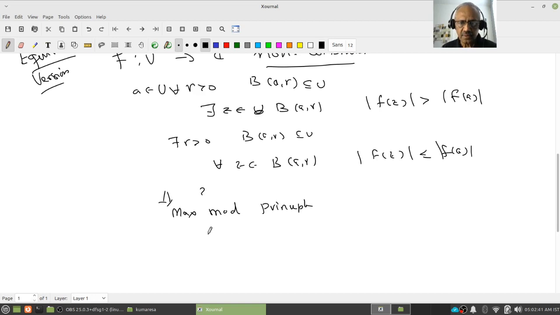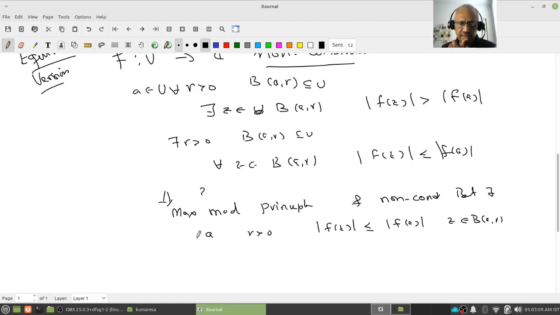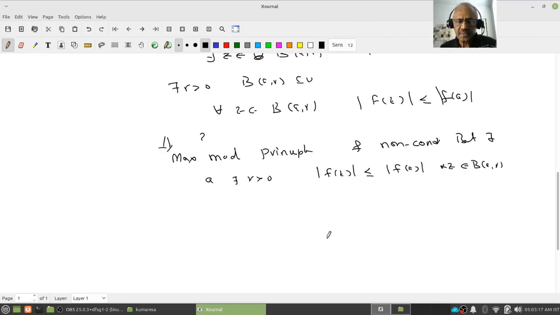Why? Suppose a is such that there is an r positive such that for all z in B(a, r), mod f(z) is less than or equal to mod f(a). Suppose such a thing happens. But f is not constant, but there exists a and r positive so that for all z in B(a, r), mod f(z) is less than or equal to mod f(a).